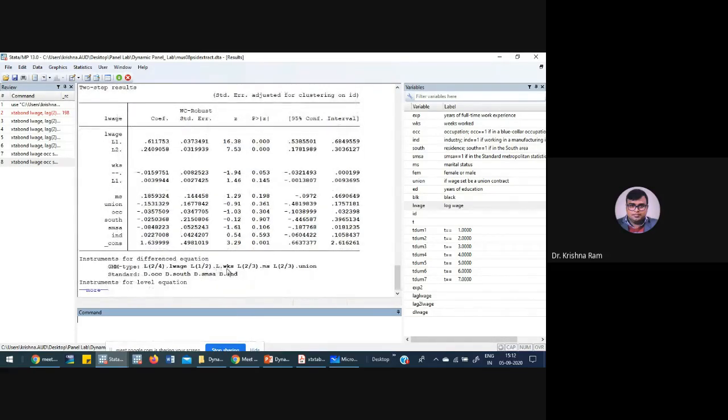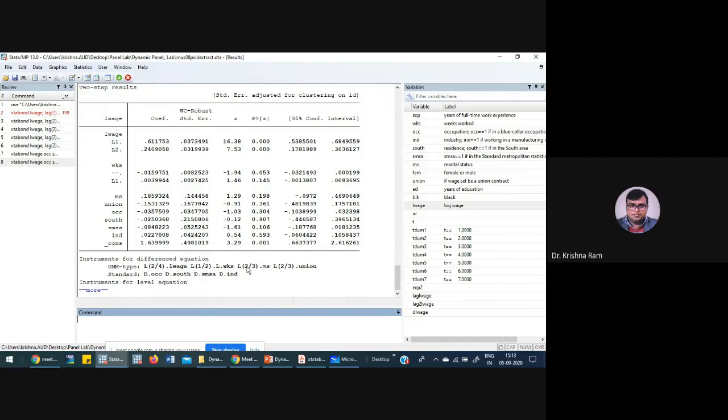Similarly, for the lag value of the weak work variable, there are 2 instruments. So the lag value of the lagged weak variable, and again the second lag value of the lagged weak variable. For MS again there are 2 instruments because we restricted Stata to use 2 instruments.